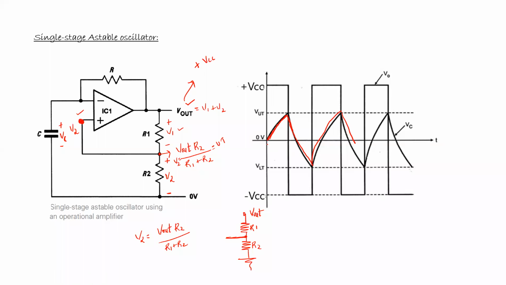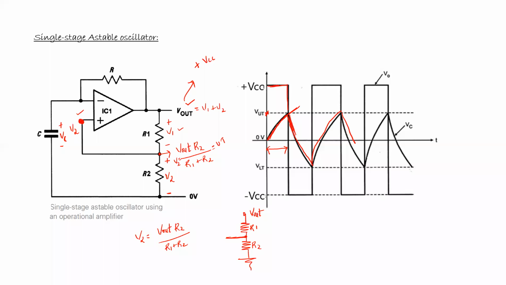See here, from this point to this point, the voltage across the capacitor, marked in red, is less than this, so V2 is greater and the output becomes plus VCC. Now after this point, what happens? It is going beyond this, and again the charging stops and discharging starts.